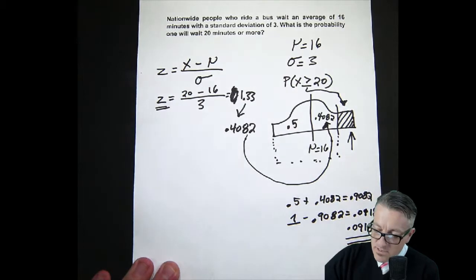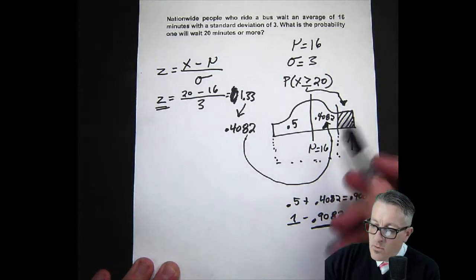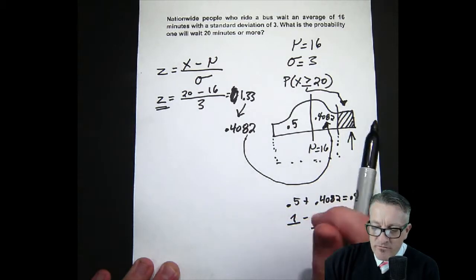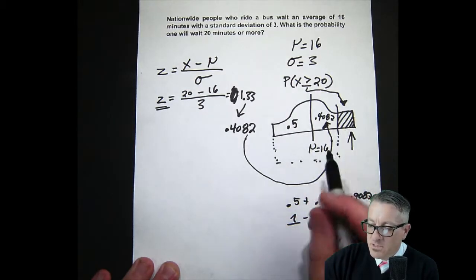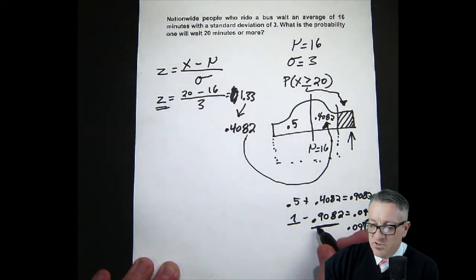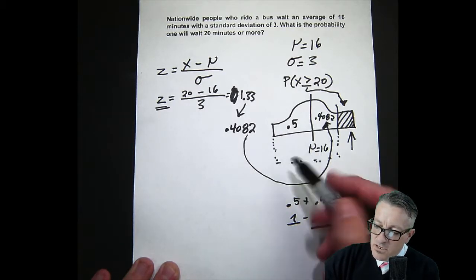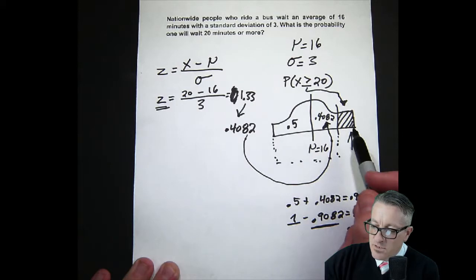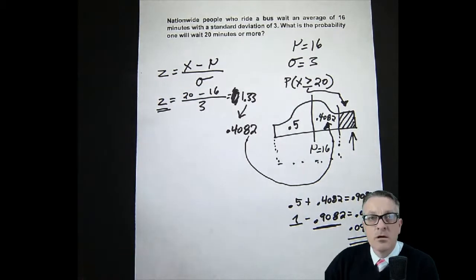So less than 20 minutes is this value right here. So we can flip-flop this however we want, but for our answer it is 0.0918, and then less than 20 minutes would be 0.9082. Remember, this can only equal 1 when we add this all up. Okay, thank you.